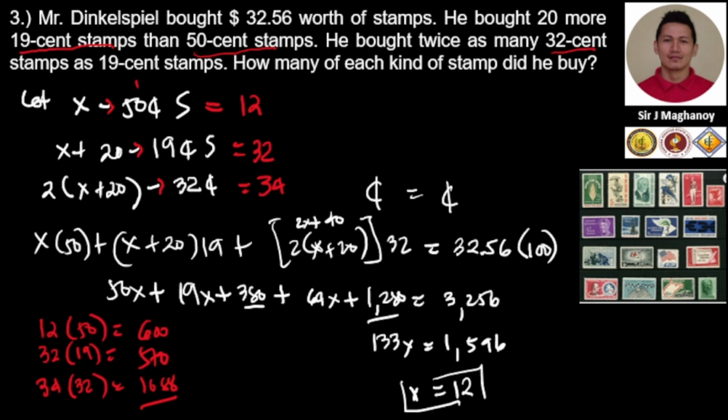The sum is 600 plus 570 plus 1088. The sum is 2258. So divide by 100 to make it in dollars.